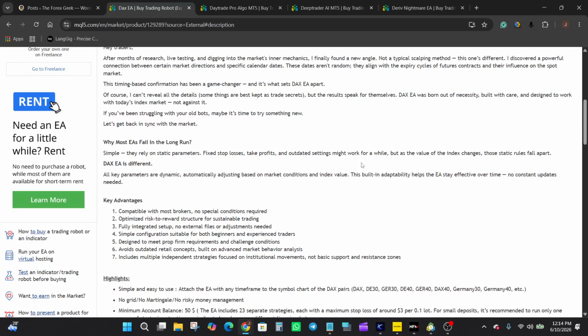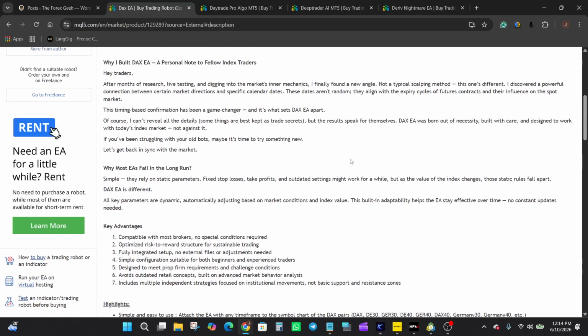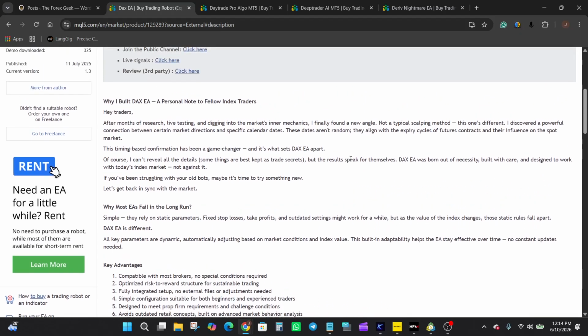Another interesting point mentioned here is the use of dynamic parameters. According to the developer, key settings automatically adapt to market conditions and changes in index value rather than relying on completely fixed stop loss and take profit levels.